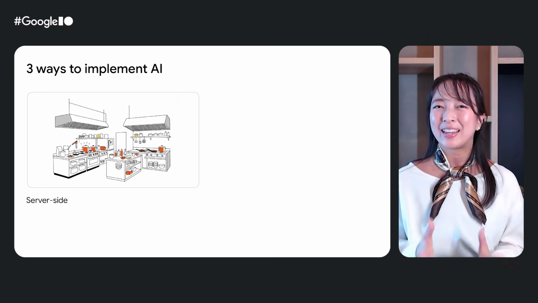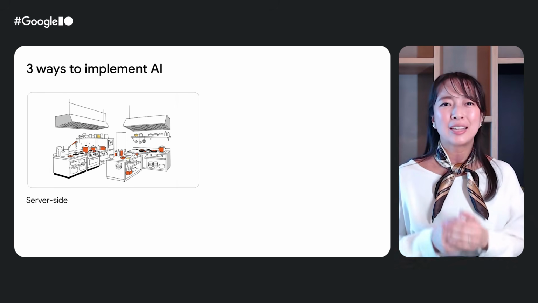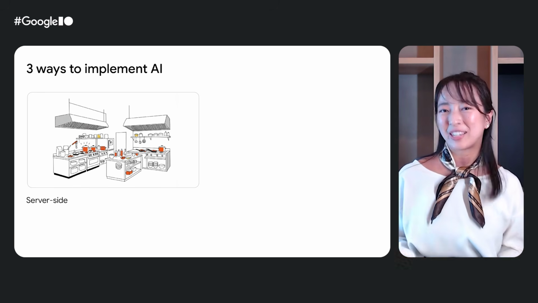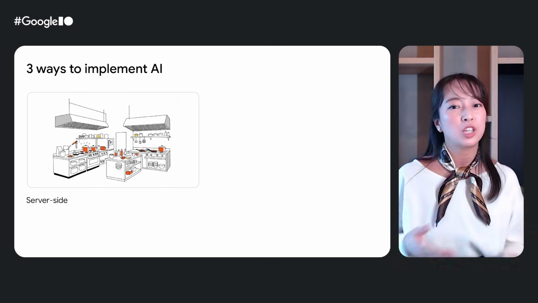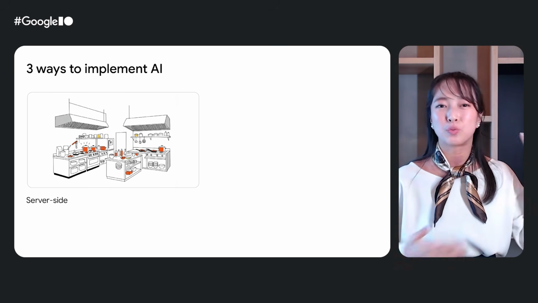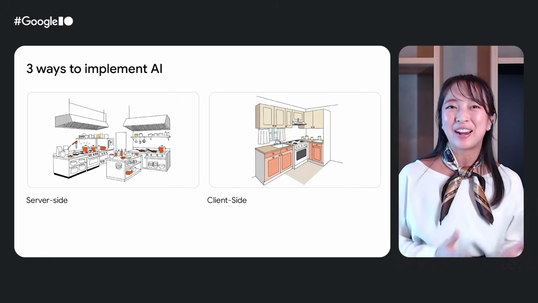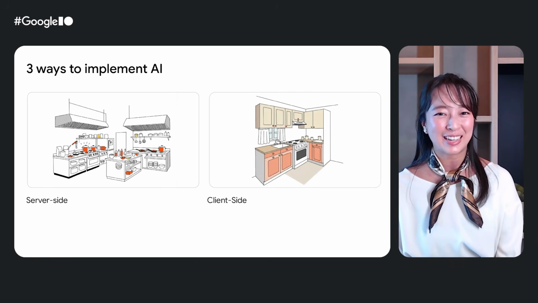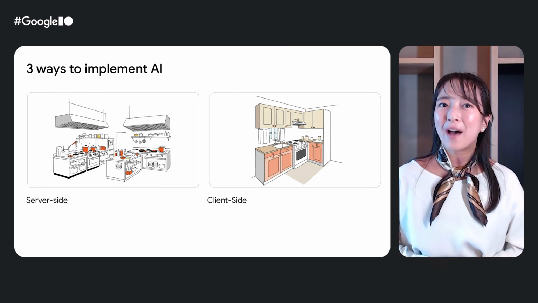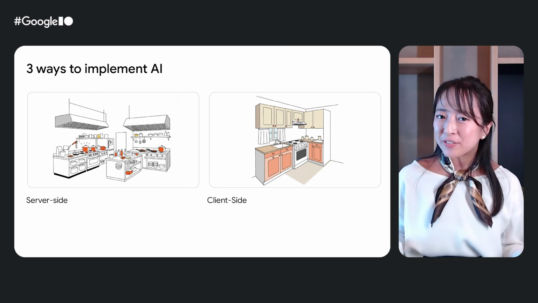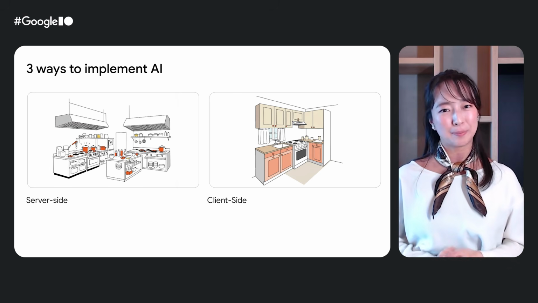You can think of running AI on the server side as cooking in one of those big chef's kitchens. There's a lot of resources, like huge countertops and huge refrigerators and many chefs just running around. On the other hand, running AI on the client side is like cooking in your home kitchen. You don't have as vast resources as a chef's kitchen, but it's not costly to implement.